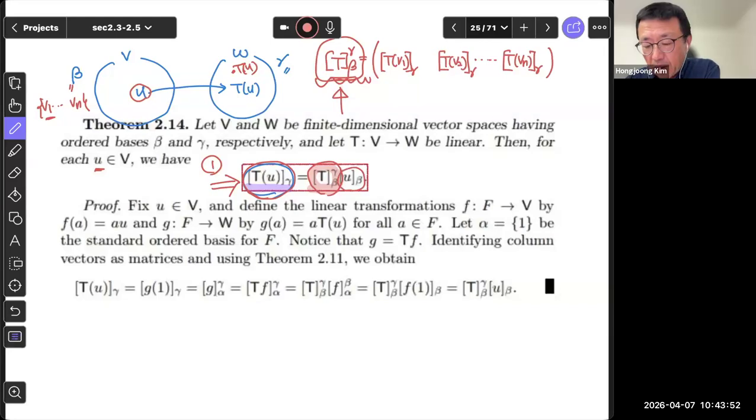Okay, and then you can multiply these two. Then you will get this result on the left. So that is the claim of 2.14. So 2.14 says we have this claim in the red box. So two vectors will be the same. That is the claim.